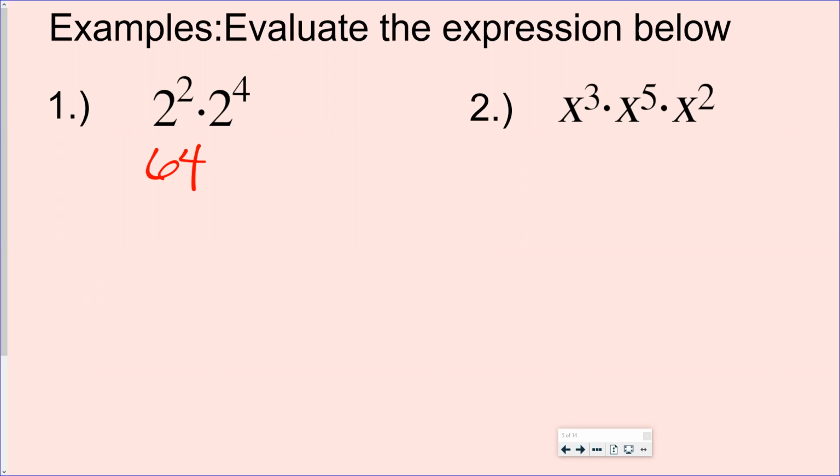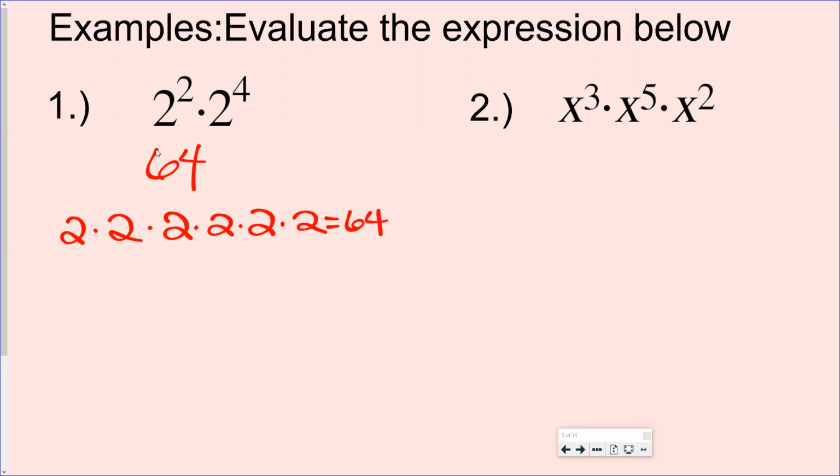The reason we're getting 64 is that the first part is saying 2 times 2, while the second one is saying now multiply that by another 4 2s: 1, 2, 3, 4. And if I do that in my calculator, 2 times 2 times 2 times 2 times 2 times 2 is still 64.